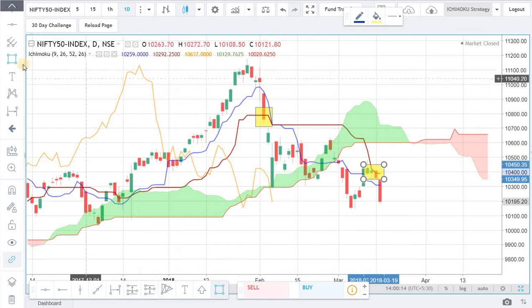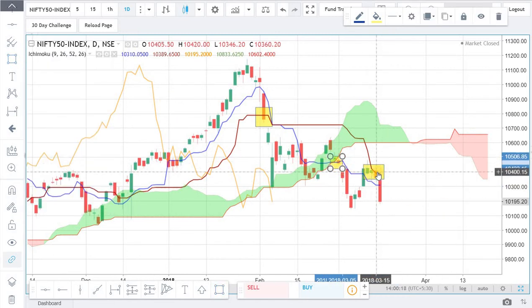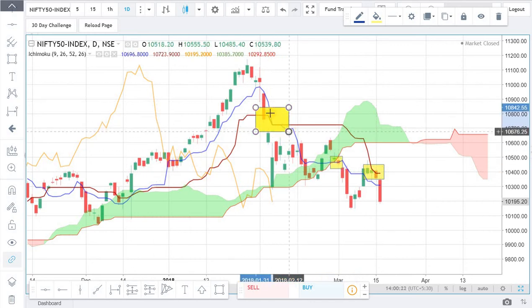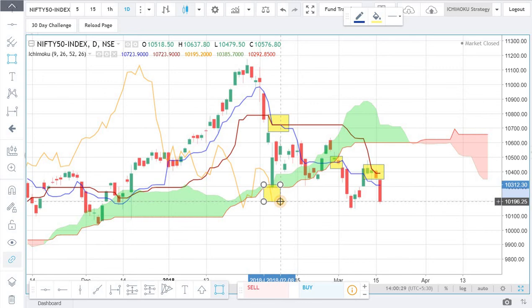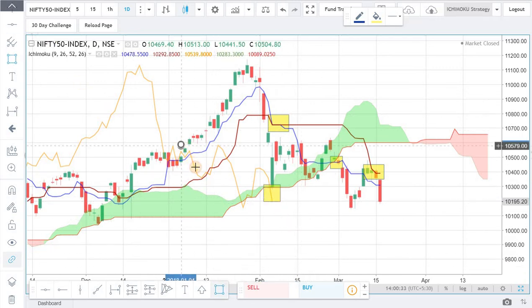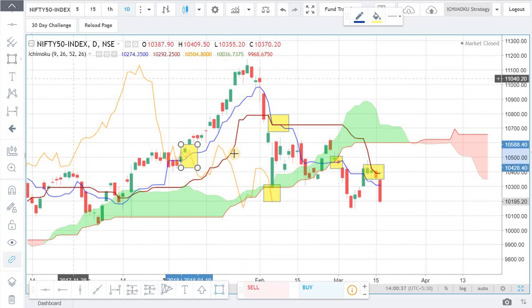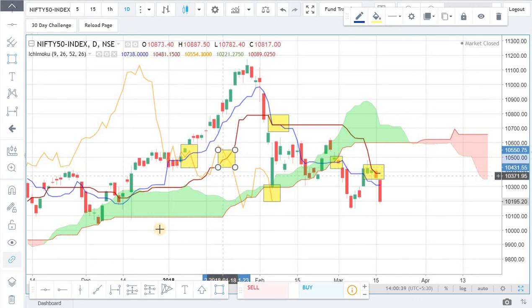So we've got our sell signal here, and here, and here, and here, and here. What other sell signals are there? You can look at other signals also. For example, your lagging line crossing below baseline could be another sell signal here.